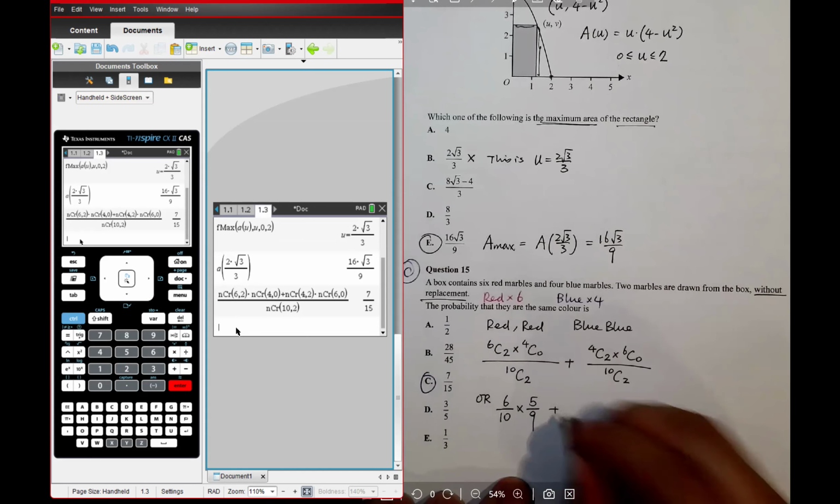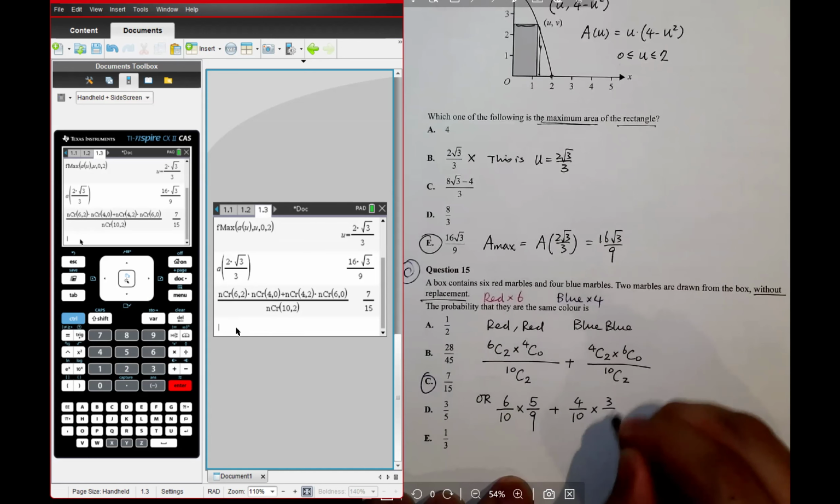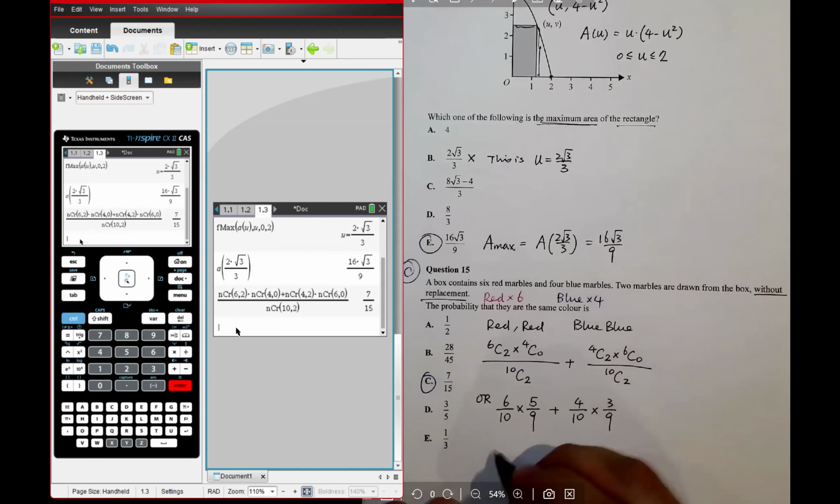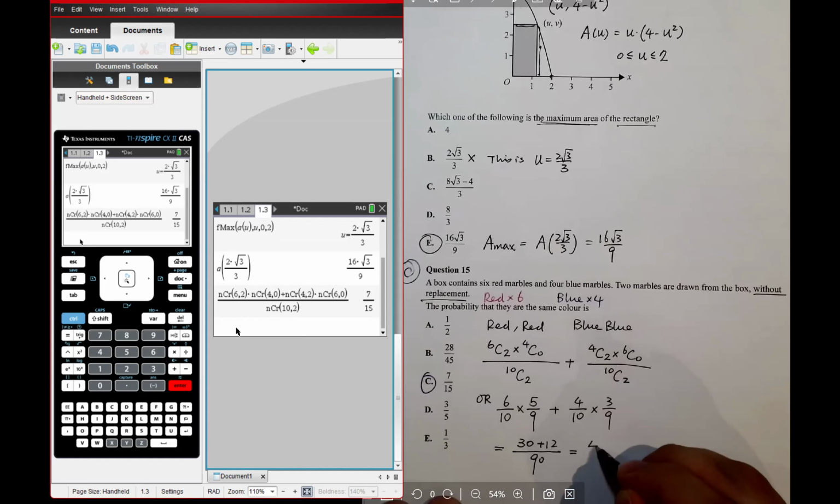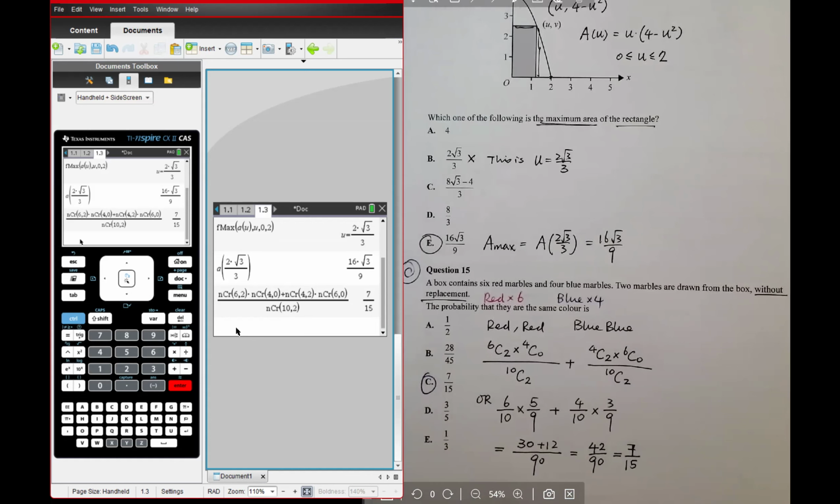The other possibility is 4 out of 10 times 3 out of 9. Okay? Eventually, you get 30 plus 12 divided by 90. So that is 42 divided by 90, and then you get 7 out of 15. Something along this line. So that's question 15.